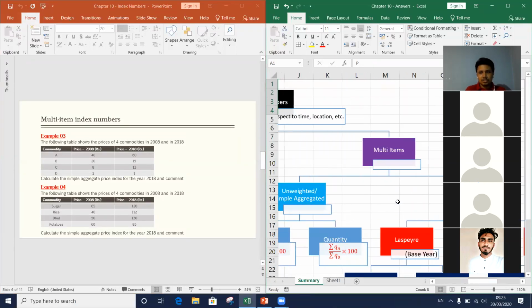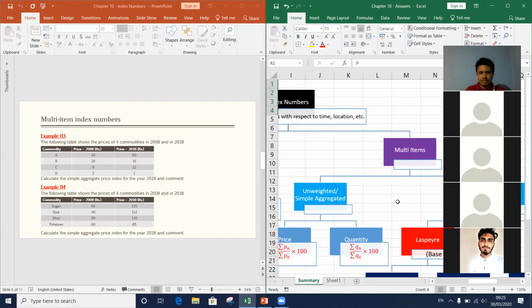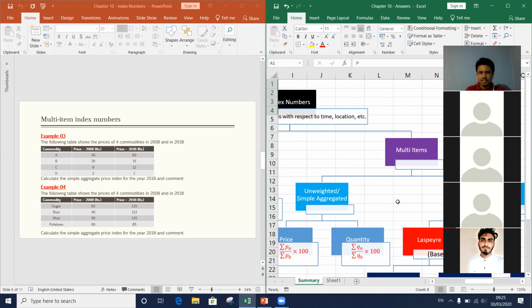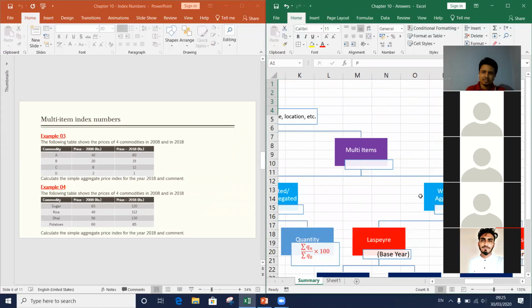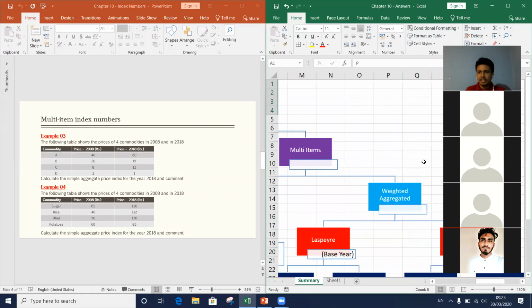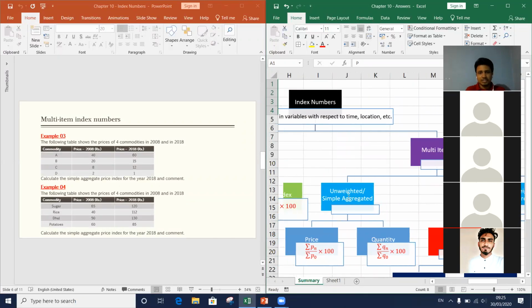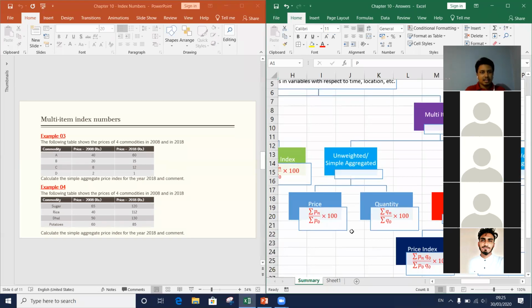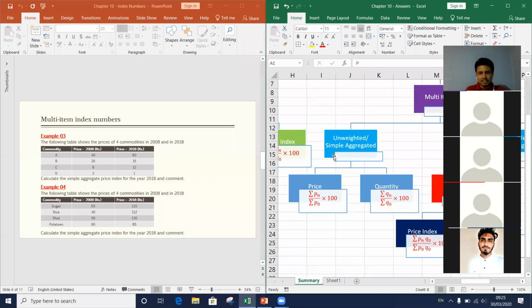Is it weighted or unweighted? හැම item එකම එක සමාන බරක් තියලාද අපි consider කරන්න යන්නේ නැත්නම් weight එකක් දෙන්න දෙන්නේ? Yes, unweighted. අපිට special මුකුත් කියලා නැහැ. Calculate the simple aggregate price index. So this is the formula we are going to use.